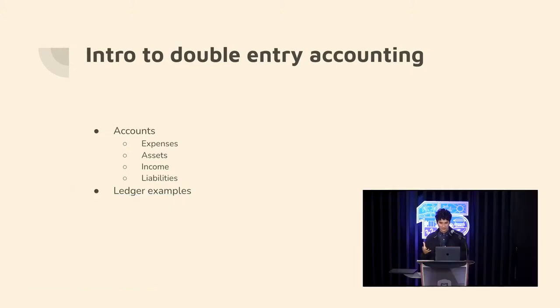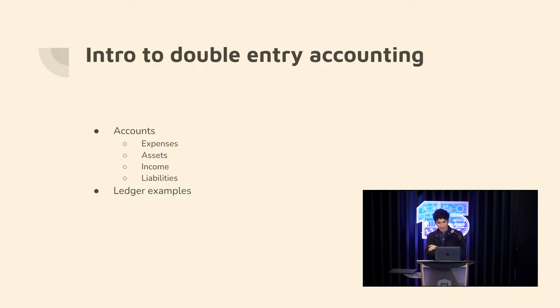Assets is where our money sits, bank account, stocks, things of that nature. Income is where our money comes from, and liabilities is money we owe. These are the 4 main accounts. You can get more intricate, but with this we'll be able to cover a lot.